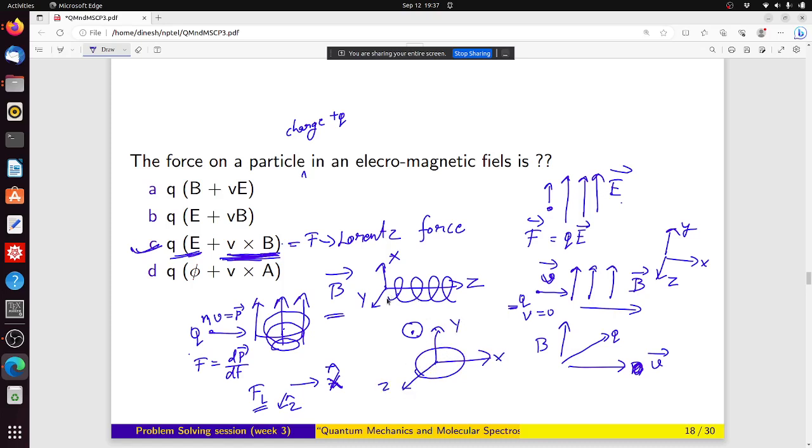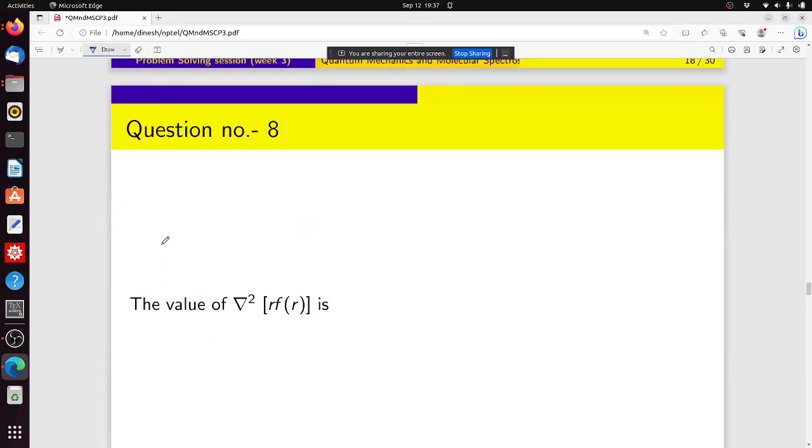So the resultant path will look like this helix, right? You will study this in electromagnetic theory, so it's pretty interesting stuff, that's why I told you. Okay, so the correct answer is C. Let's move on to the next question.